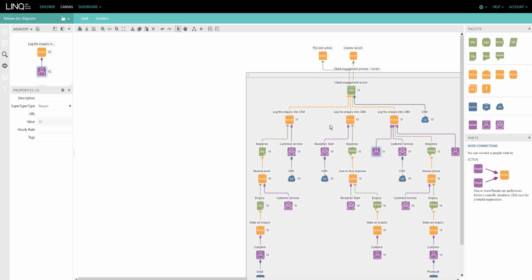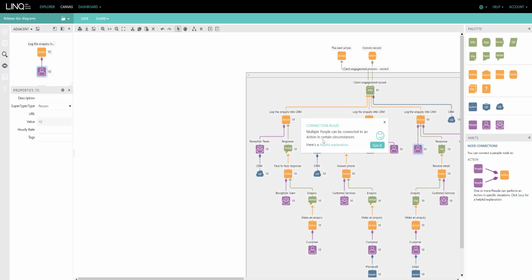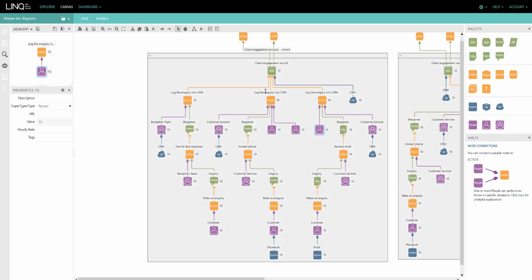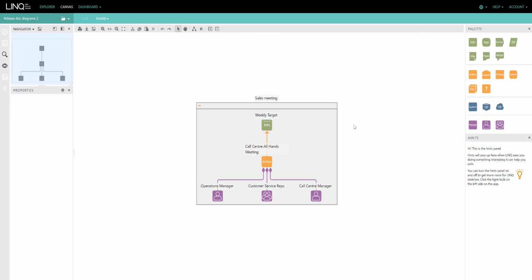So rather than just using a generic team, I could start dropping these in. I could record their costs in order to properly understand who is involved and how much time they take to record these actions.